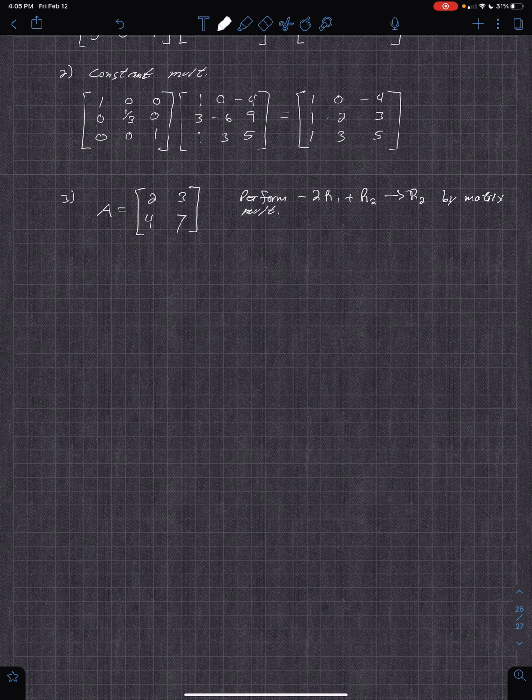So theoretically, we do that with one operation. So let's take the identity matrix 1, 0, 0, 1, and let's do that operation to the identity matrix. Okay, so we're going to do negative 2 row 1 plus row 2, and then we're going to place it back here in row 2.